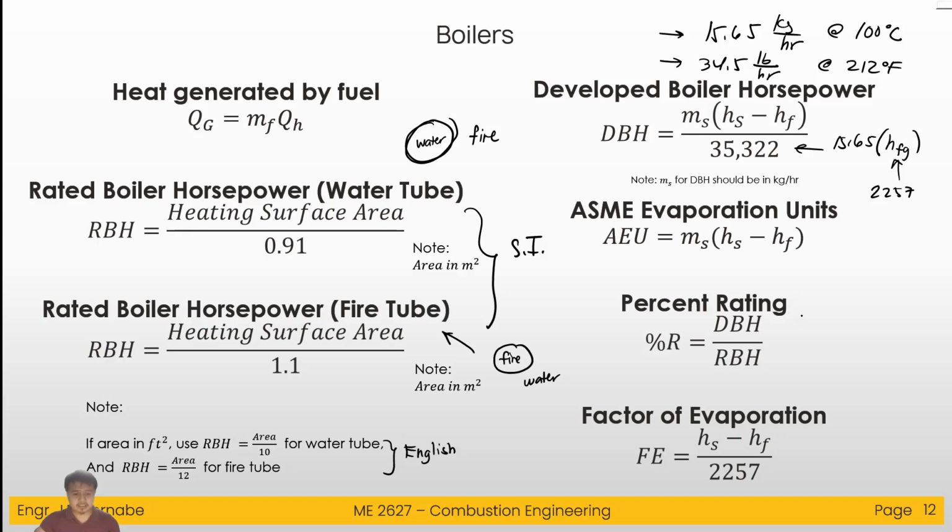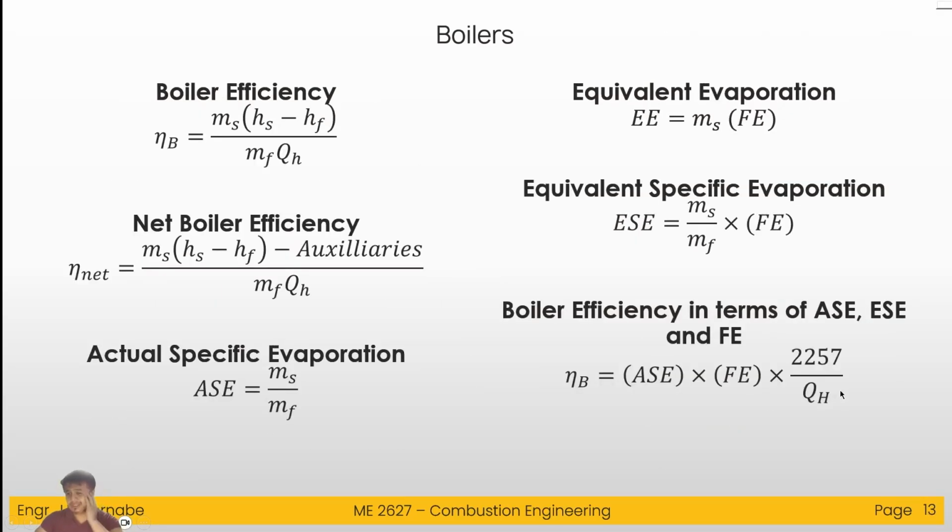For the percentage rating, you have the fraction of the developed boiler horsepower over the rated boiler horsepower. And for the factor of evaporation, we have the same constant here, 2257, so HS minus HF over 2257. This is just a comparison of how much energy is needed to evaporate at 100 degrees Celsius. Then we have the boiler efficiency and the net boiler efficiency.